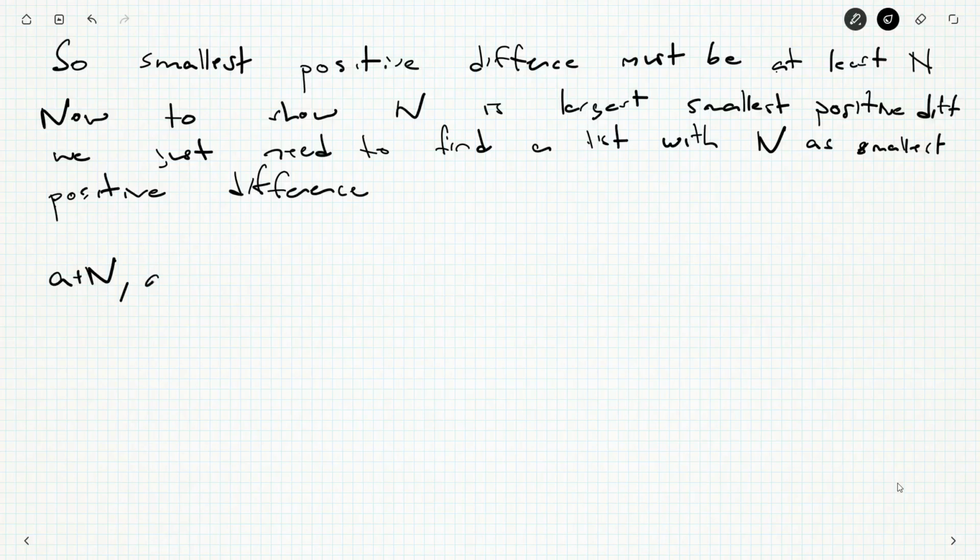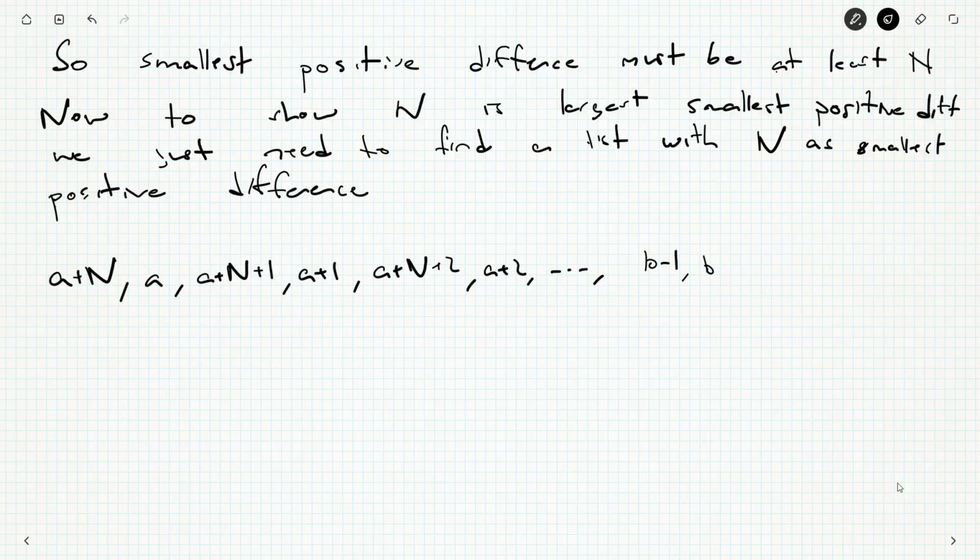Go down to a, then a plus n plus 1, and then we'll go down to a plus 1, a plus n plus 2, down to a plus 2, and it'll just keep going. And then eventually you will get b minus 1, and then you'll have b, that's the big one, and then we go down by n.